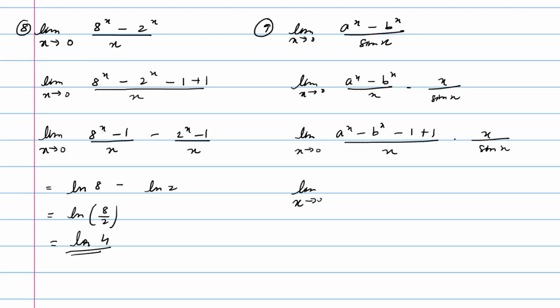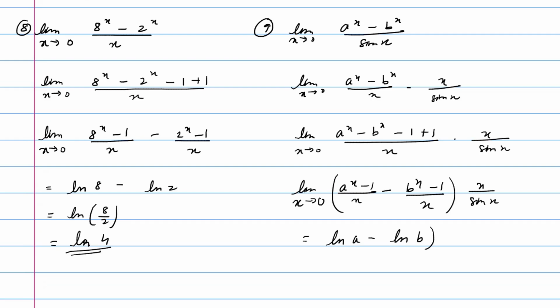So limit x tends to 0 of a raised to x minus 1 minus b raised to x minus 1 upon x, and this thing into this. So taking the limit, I'll get ln a minus ln b, into 1. ln of a by b is the answer.